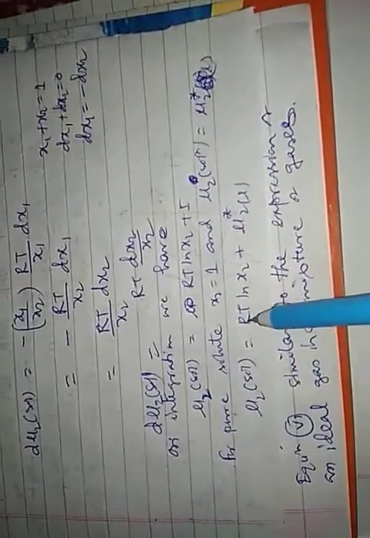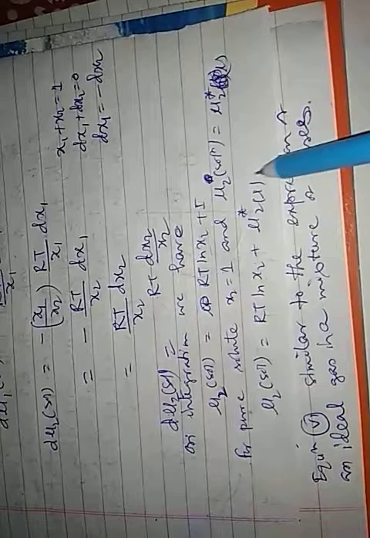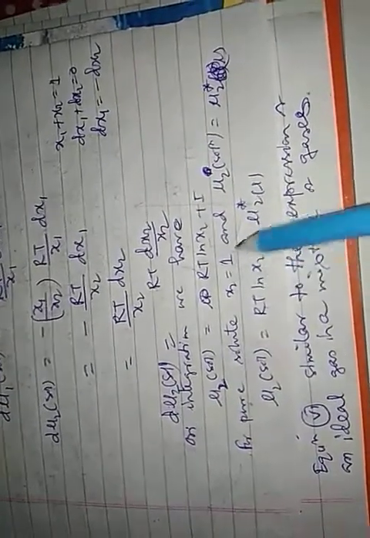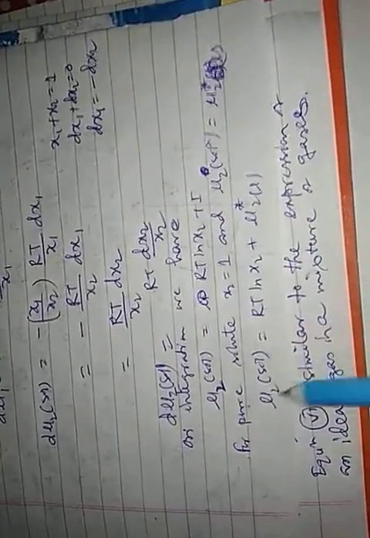So mu 2 in solution equals RT ln x2 plus mu 2 L star, that means the chemical potential in the pure state. Again, x2 is less than 1, so I always have a lower value than the pure state. So the chemical potential of a constituent present in a solution will always be lower than the chemical potential of its pure state.